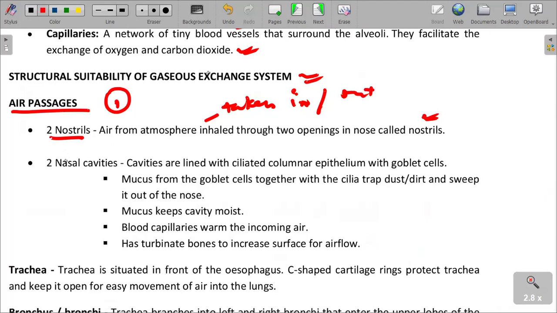And then we also have two nostril cavities lined with ciliated columnar epithelium with goblet cells.